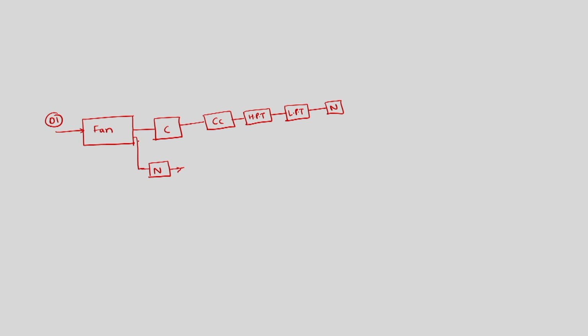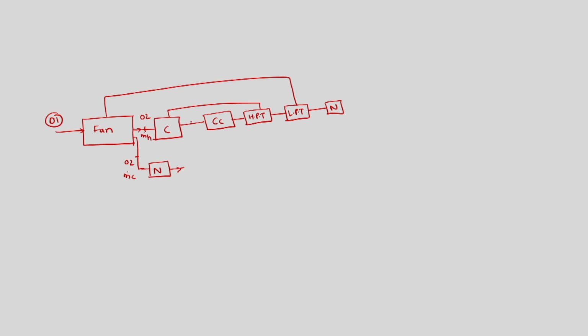Here we will say not 2. As it is said in the example, the high pressure turbine is connected to the compressor and the low pressure turbine is connected to the fan, so their works are the same. So this is also not 2 but with reduced mass. Here you have m dot c, here you have m dot h.